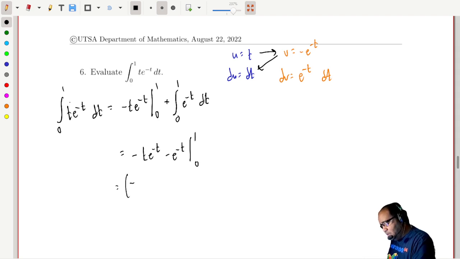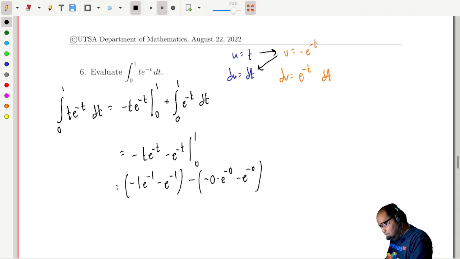Okay. We have negative 1 times e to the minus 1 minus e to the minus 1, minus negative 0 times e to the negative 0 minus e to the minus 0. So we have negative e to the minus 1 minus e to the minus 1.